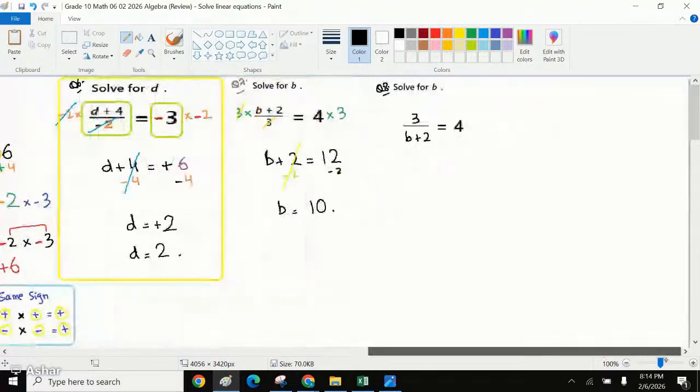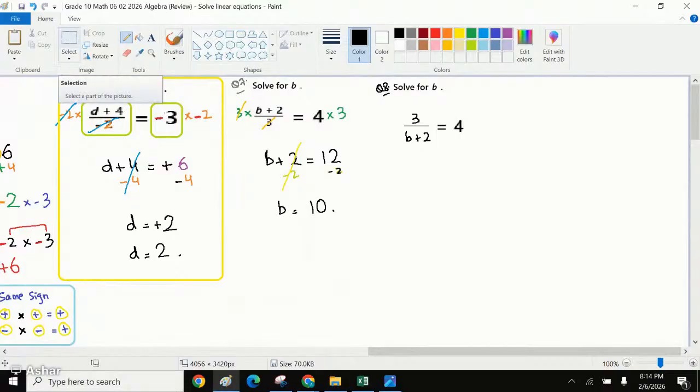So what we can say over here is, whenever we need to do this, we can multiply or divide by the same number, right? I'll show you another way of doing this. So we multiply both sides by b plus 2. Agreed?